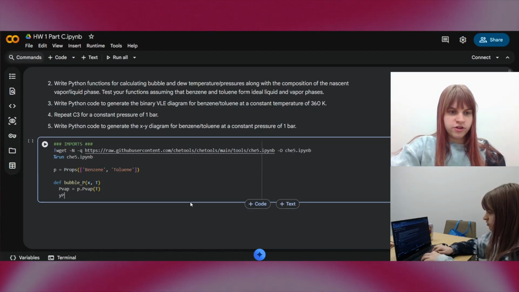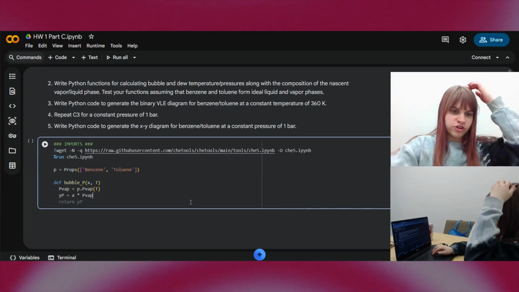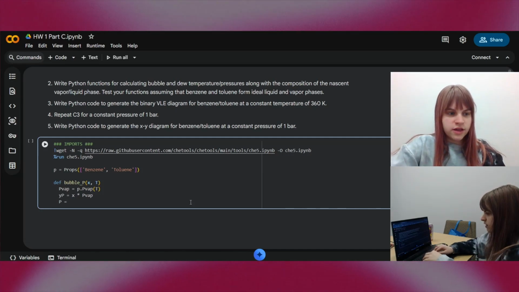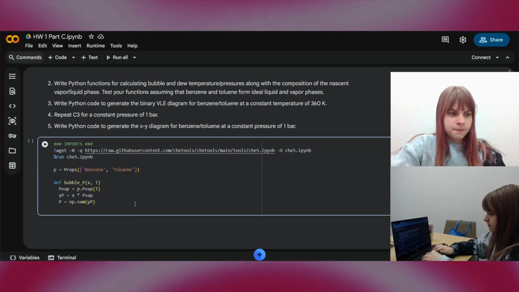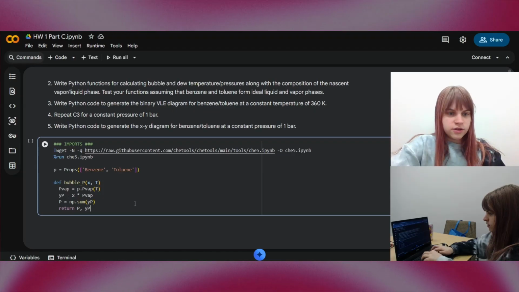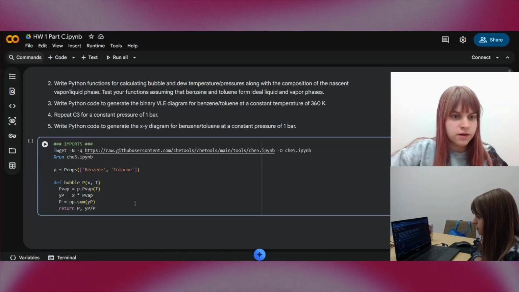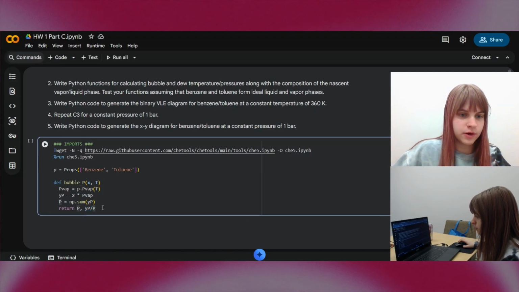From our equation earlier, we had Yp is equal to X times vaporization pressure, and the total pressure should be the sum of all of those partial pressures. We will want to return the pressure and the Yp over P. This Yp over P gives us the vapor mole fraction.